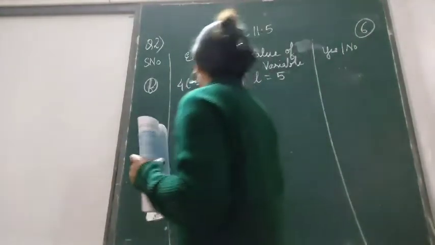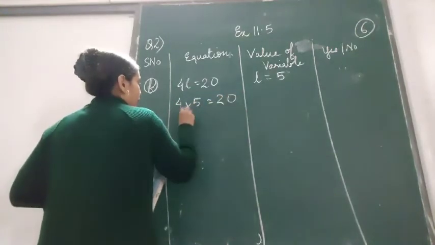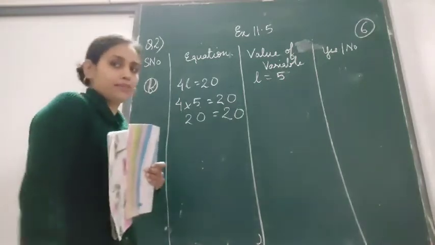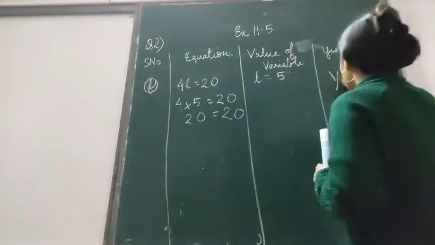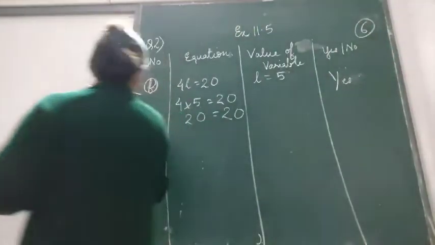So, putting the value of L as 5, 4 5s are 20 and equal to 20. So, answers are matching here. So, we write what, children? We will write yes. Then we go to G.